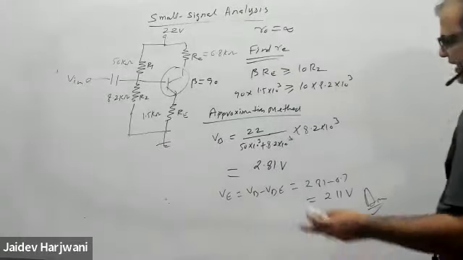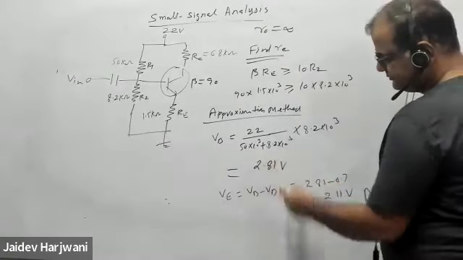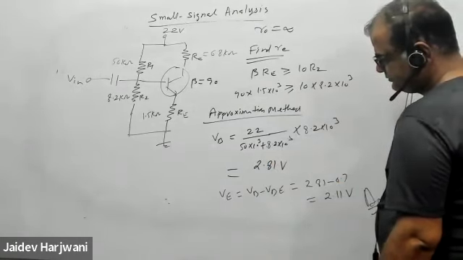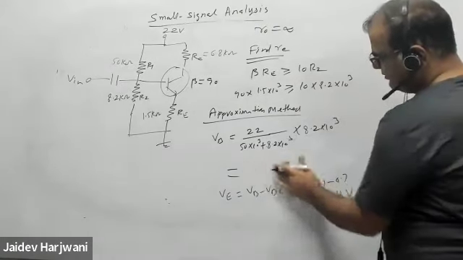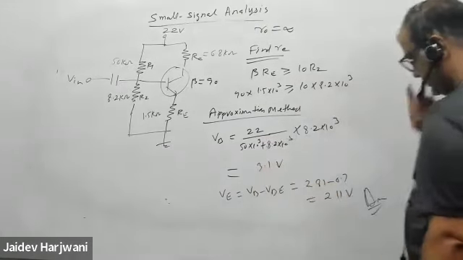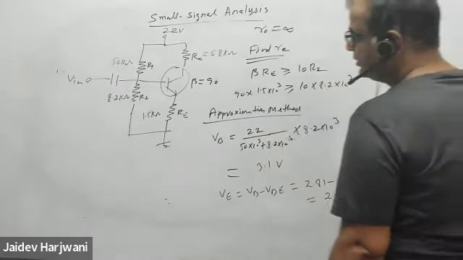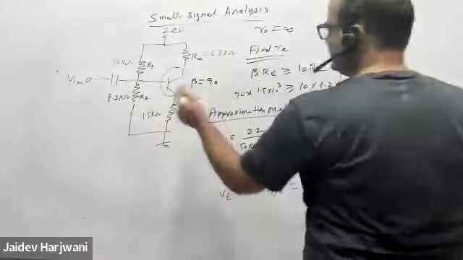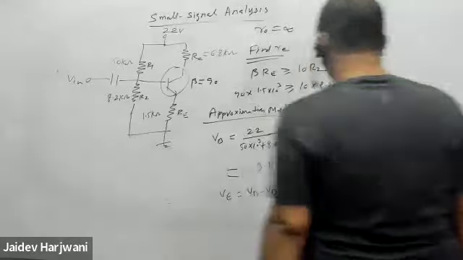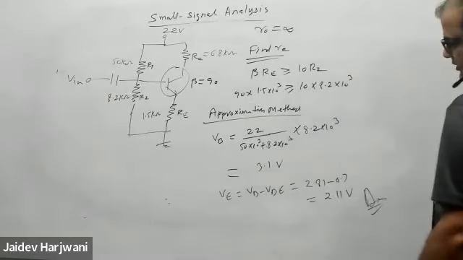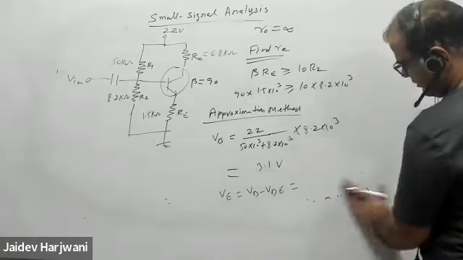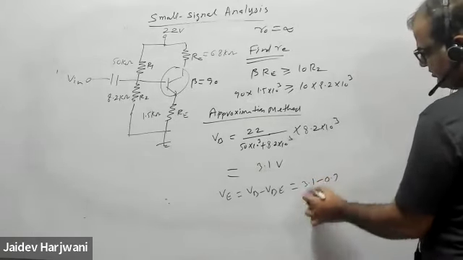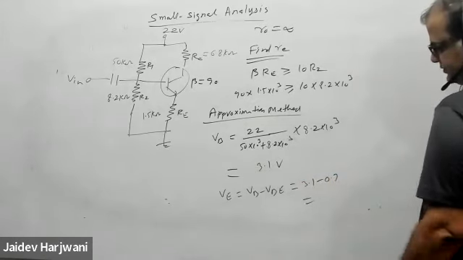Actually this is 56, I had written 50. So to make it 3.1, now VE is 3.1 minus 0.7, that is 2.4.